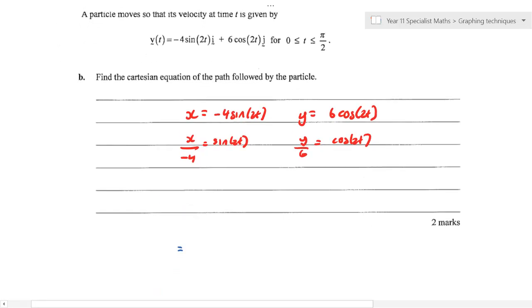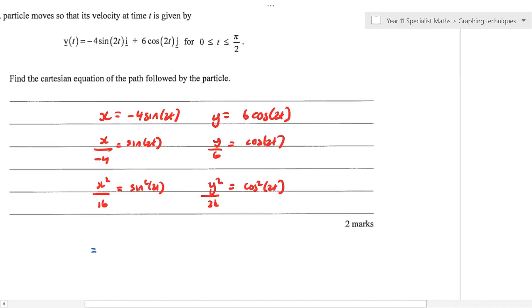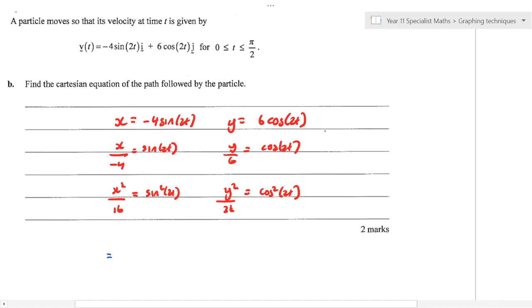And then what we're going to do is square them. So x squared over minus 4 squared, which is 16, is equal to sine squared of 2t, and y squared over 36 is equal to cos squared of 2t. Now, we can then find the Cartesian equation for the path.